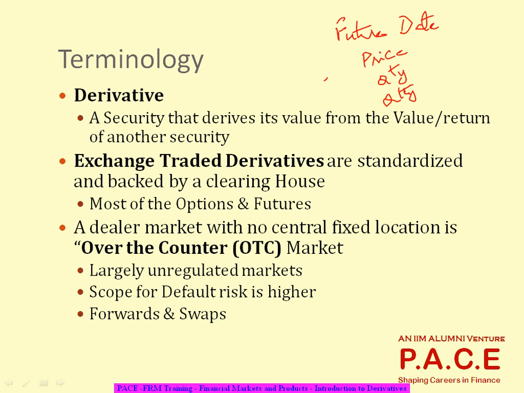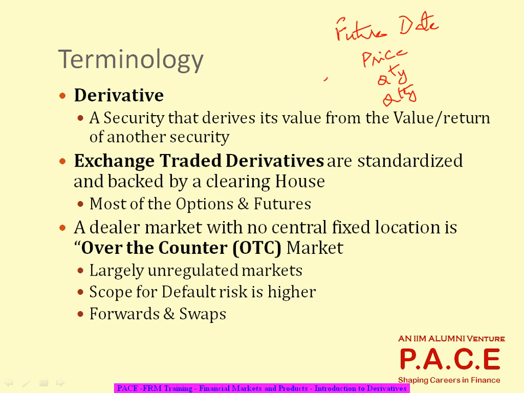and you know something about its future movement. You can reasonably predict its future movement. Then you would like to take advantage of that analysis to actually buy or sell your derivatives, so that you can take the advantage when the price really goes up or down in future.